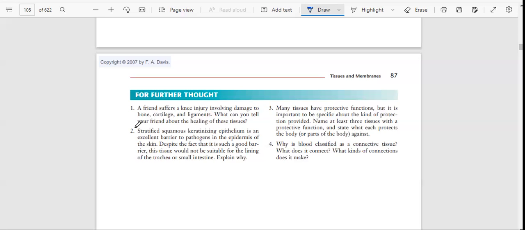Last, bone, sir. Last bone. So why are you thinking that bone is last and ligaments will heal first? Ligaments are soft tissue and bone is hard tissue.